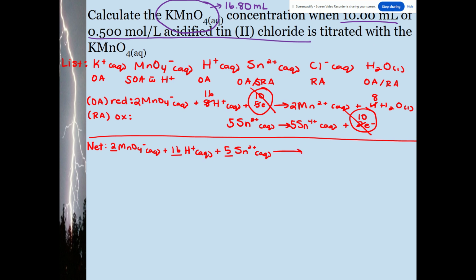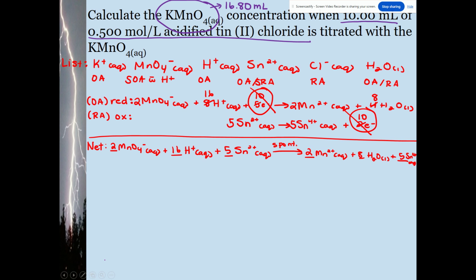Again, I don't know if I remembered to write spontaneous on my last reaction, but don't forget spontaneity. I sometimes forget that when we're doing the stoich. We have 2 moles of Mn2+. We have 8 moles of water. And we have 5 moles of Sn4+. I'm running out of room. Okay?